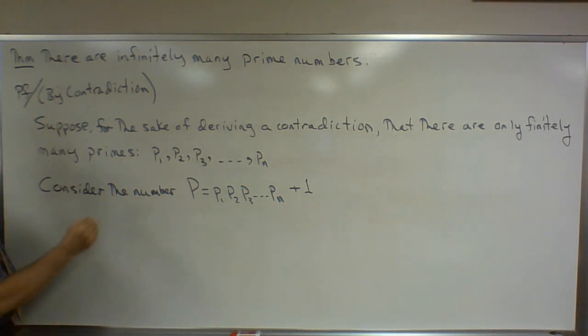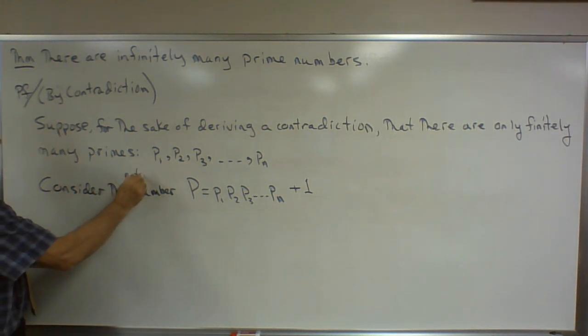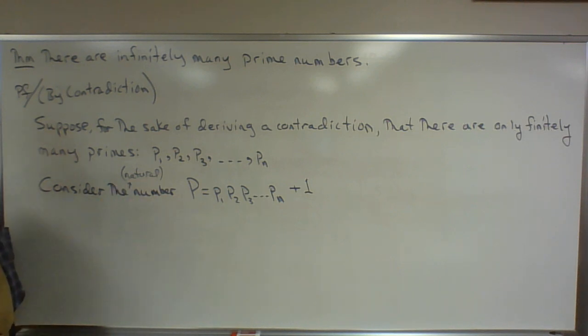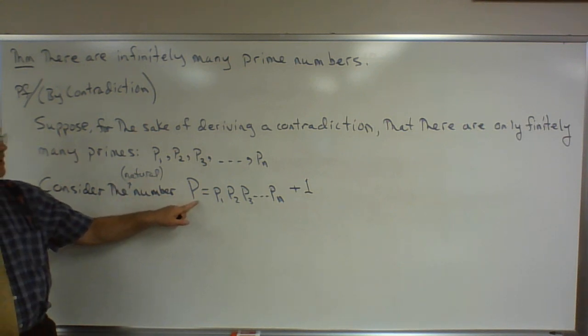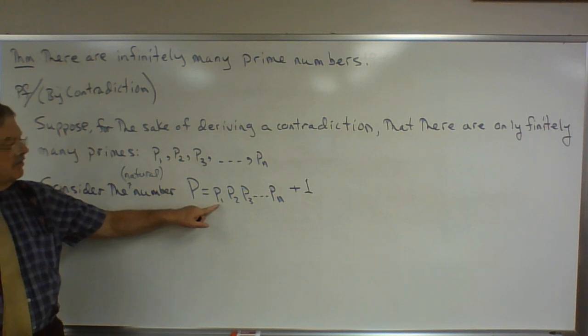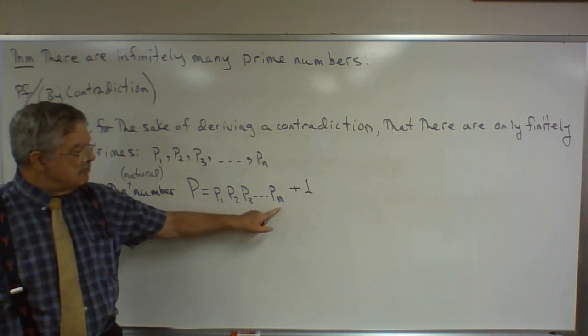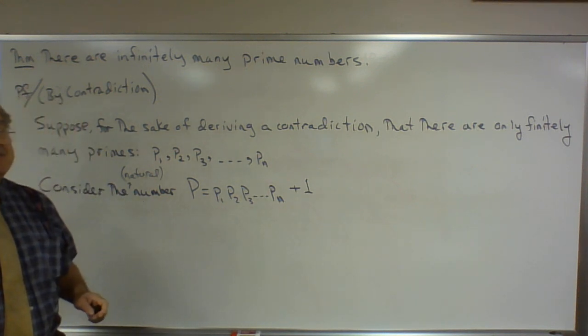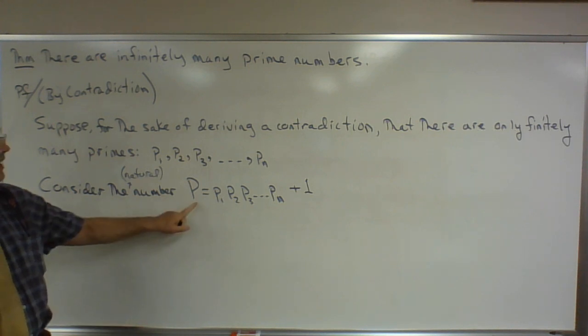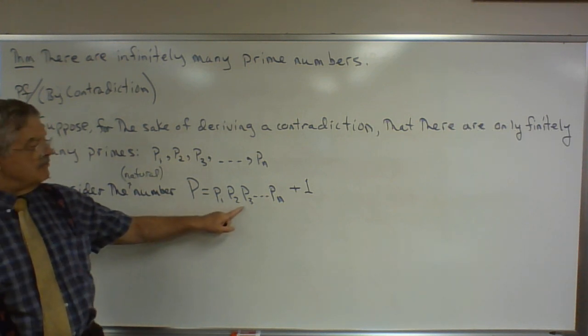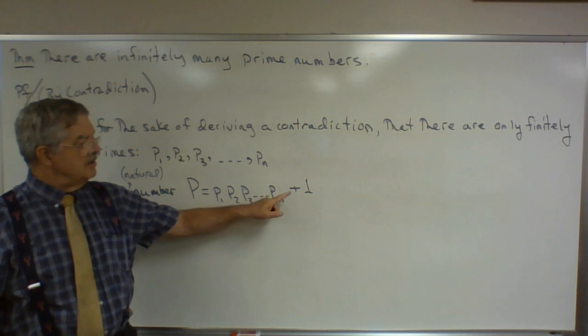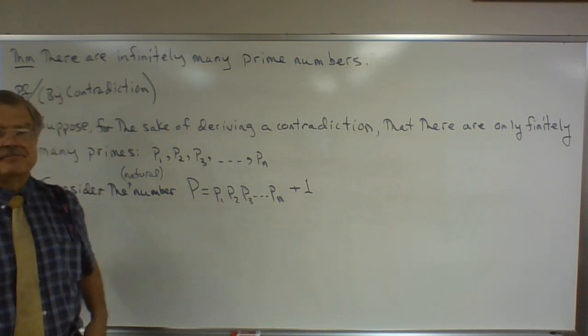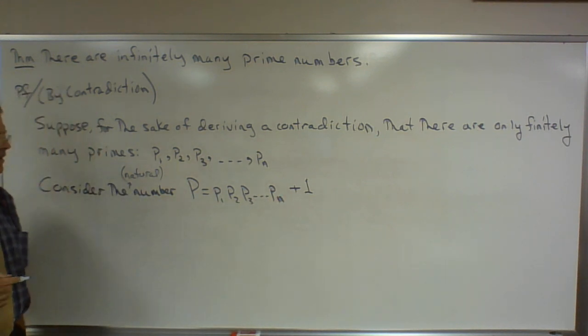Consider the natural number, capital P, which is the product of all of the primes. Since there are only finitely many primes, we can do this. Capital P is the product of all the primes plus 1. Okay?